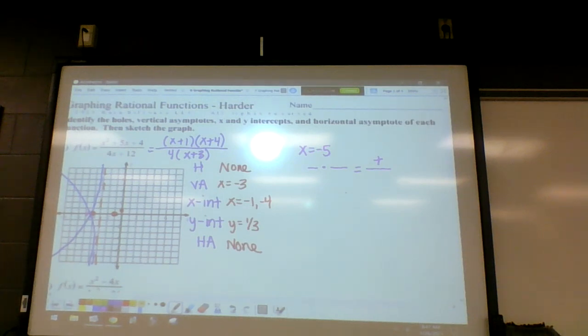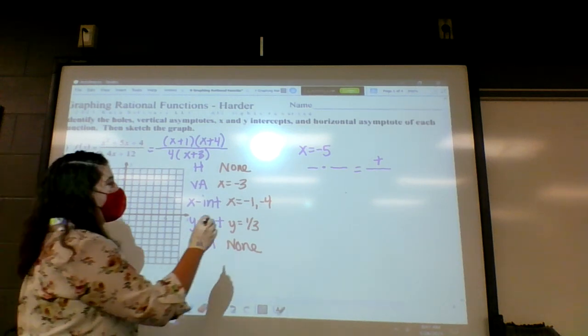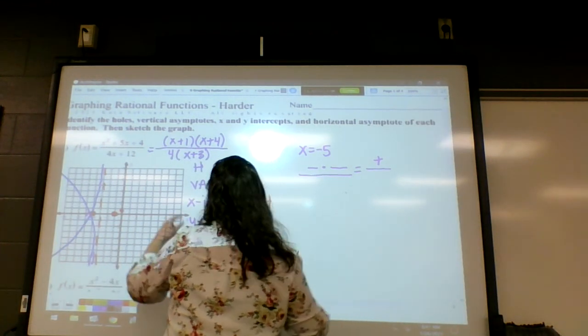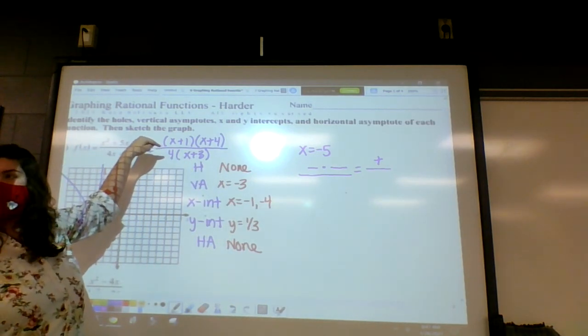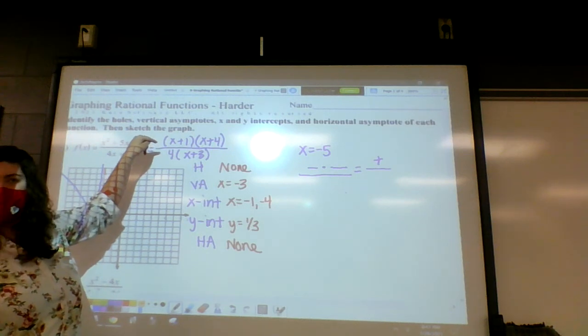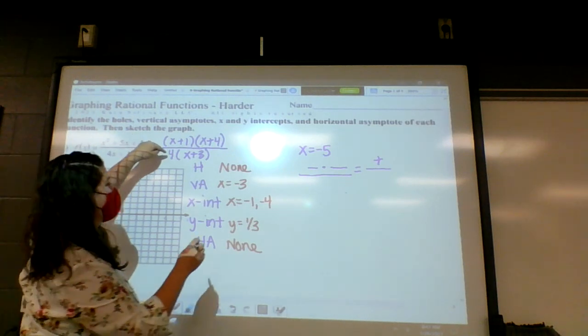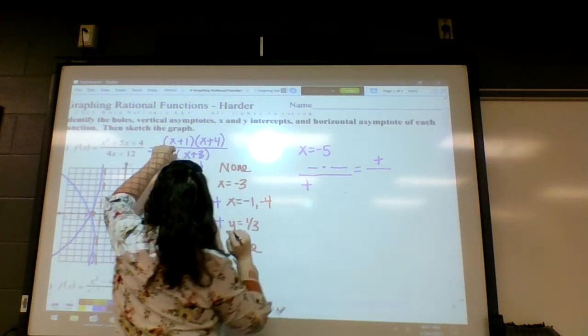It's positive. So on the top of that fraction, you're going to have a positive number. We don't care what the actual value is. We just care that it is a positive. On the bottom of the fraction, you have 4. And 4 is a positive, and plugging in numbers isn't going to change that 4, right? That's just a 4 in the front. So I'm going to say there's a positive there for the 4.